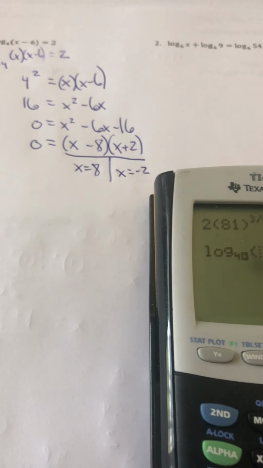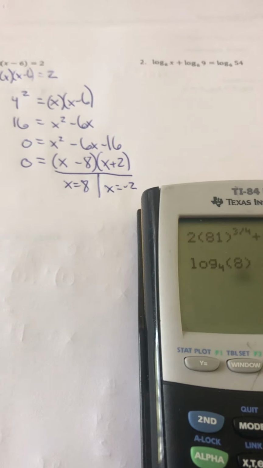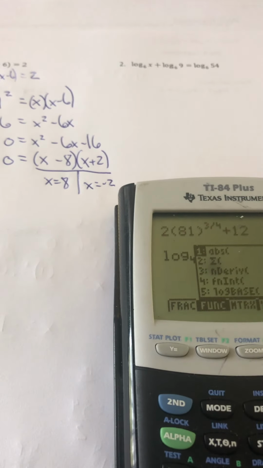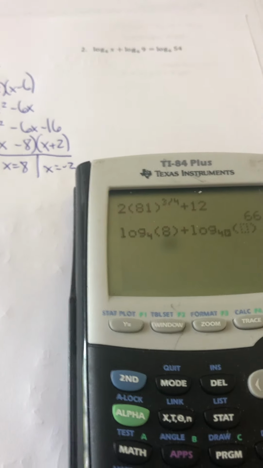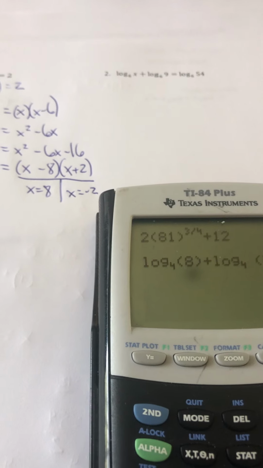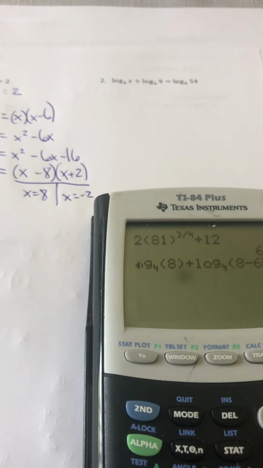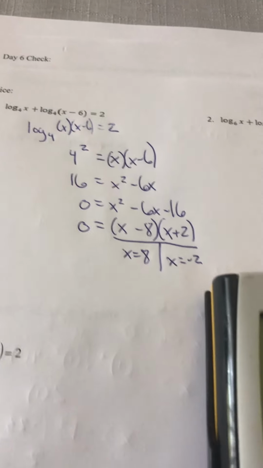I'm going to plug in 4, and I'm going to plug in 8. Then I have plus, same thing, so alpha window, choice 5, and I'm going to plug in 4, and then I have 8 minus 6. When I push enter, I get 2, which is the same thing I get here, so 8 works.